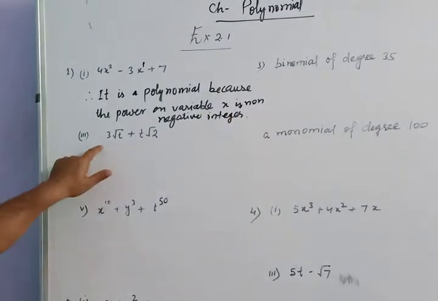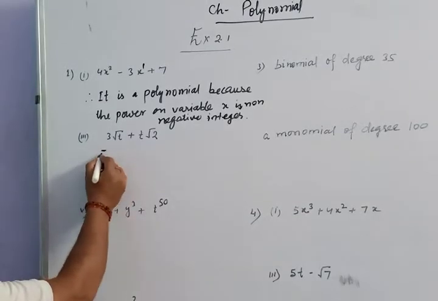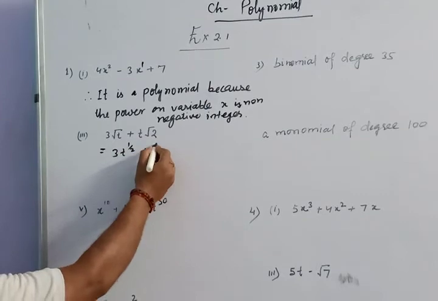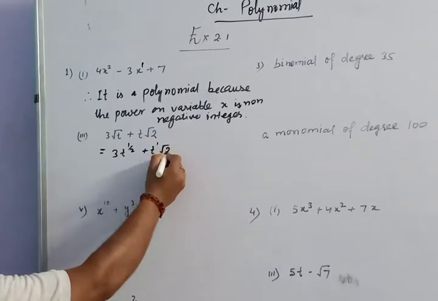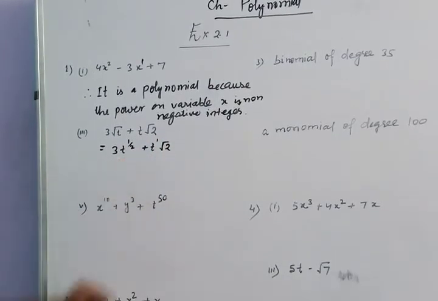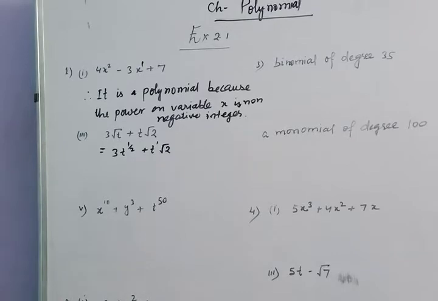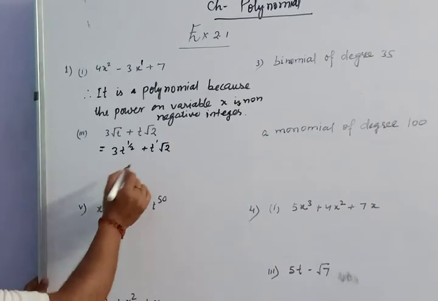Now in question number third, we observe this can be written as 3t to the power 1 by 2, and this is t to the power 1 by root 2. You observe here the power is a fraction, but the power should neither be a fraction nor a negative integer. It must be a non-negative integer.